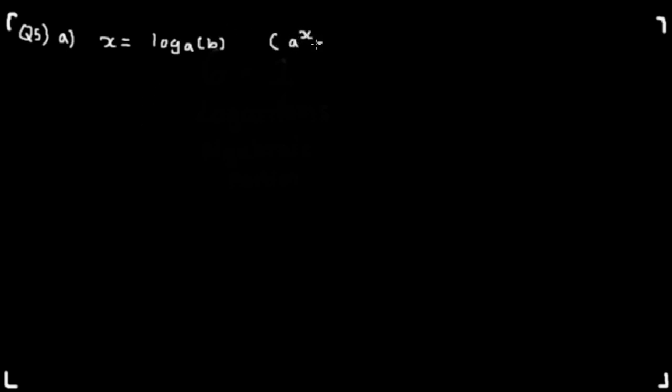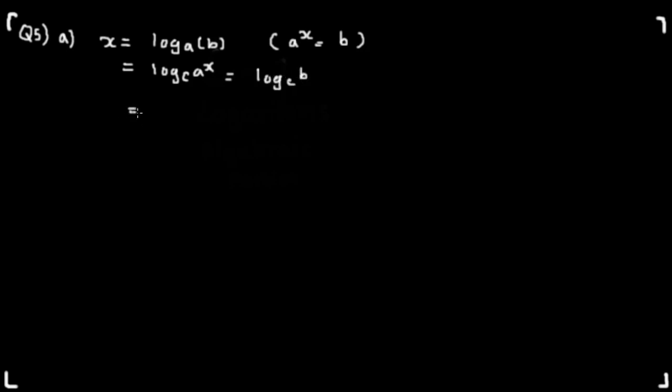Now, a to the x is equal to b. The thing is we have to see what we have to raise a to, to get b. Now to change the base, let's say we want to change the base to c. So we would have to do this: log base c of a to the x is equal to log base c of b.